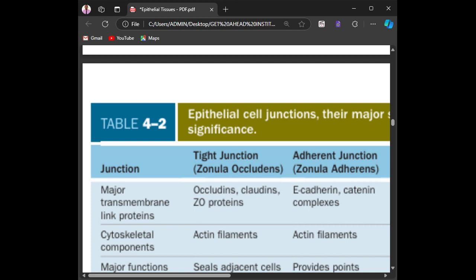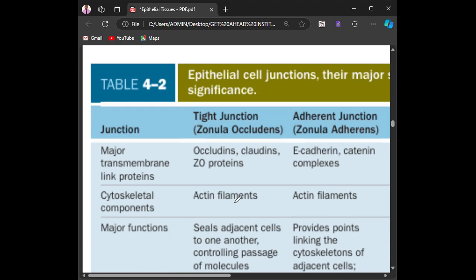Number one, let's talk about the tight junction, which is also known as zonula occludens. The major transmembrane proteins that make the tight junction are the occludins, the claudins, and the zonula occludens proteins.